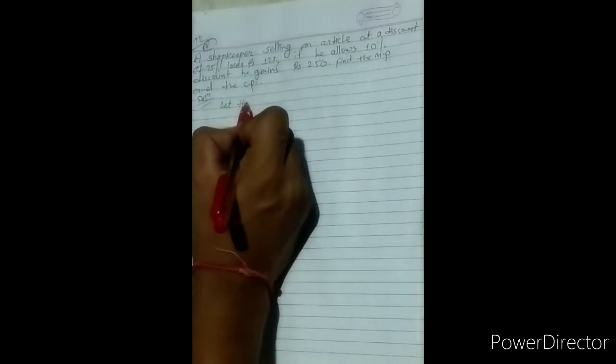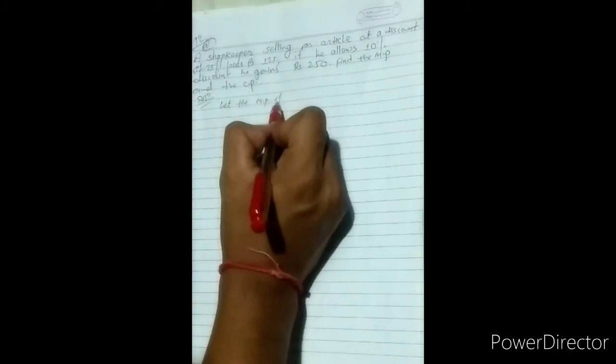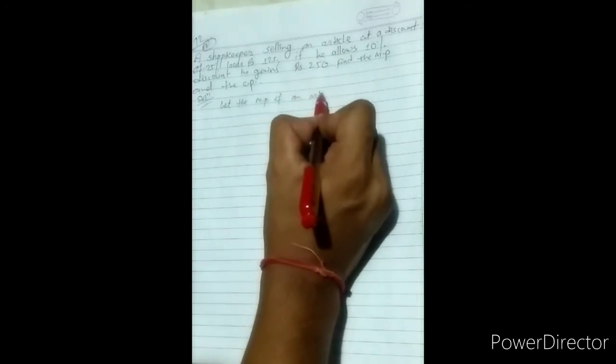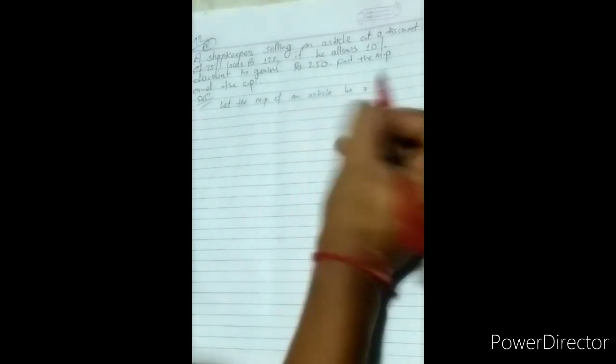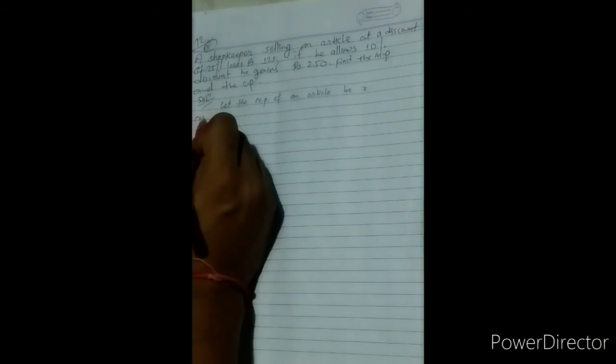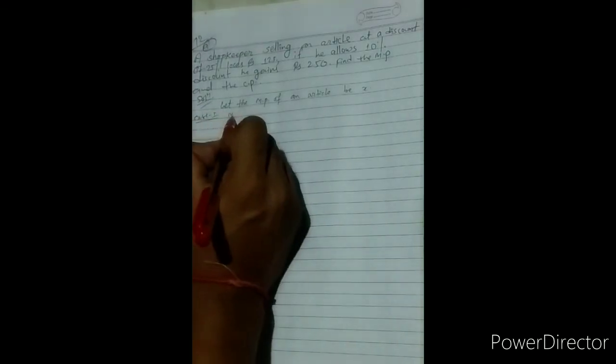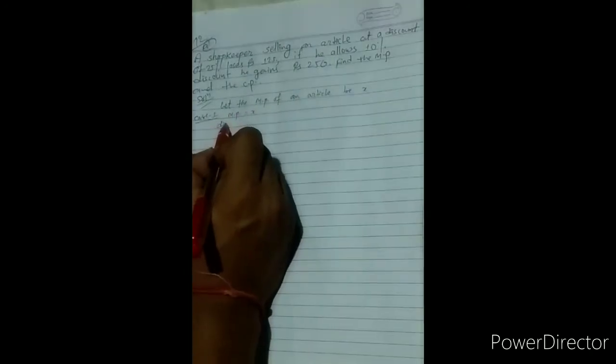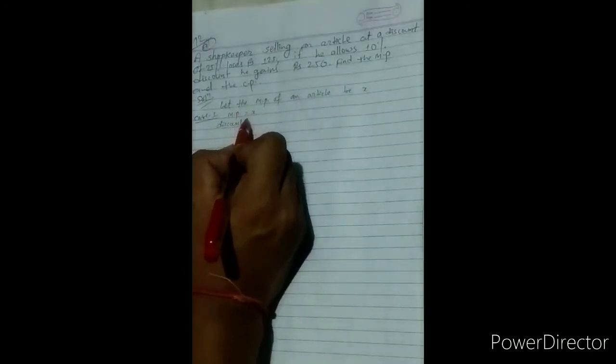Let the mark price of the article be X. In case 1, MP is equal to X, and the discount percent is given as 25%.